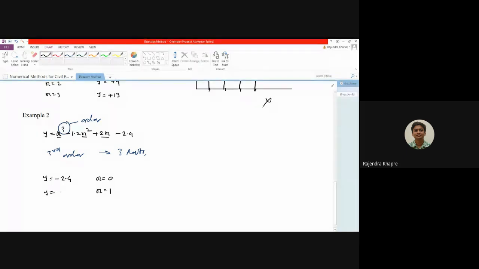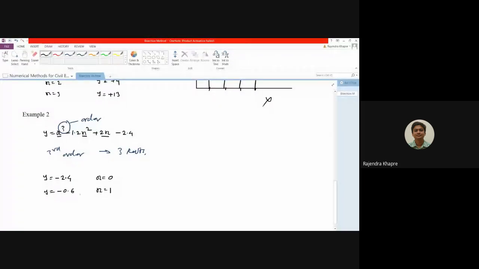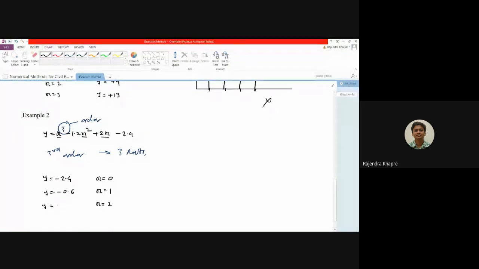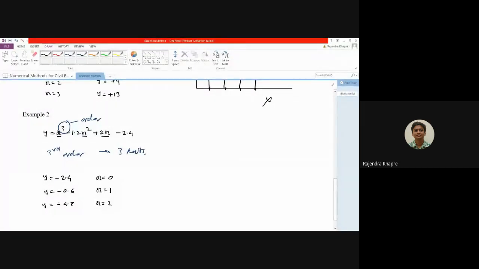Minus 0.6. Okay, fine. And if you go with x equals 2, what will be the value of y? Plus 4.8.